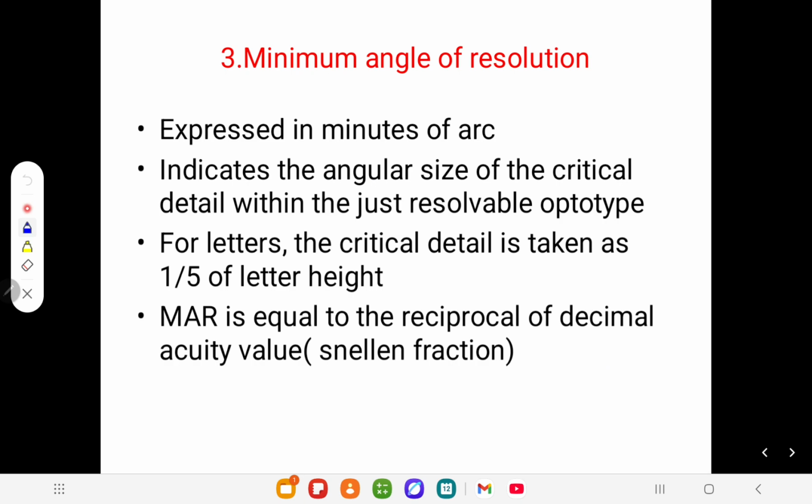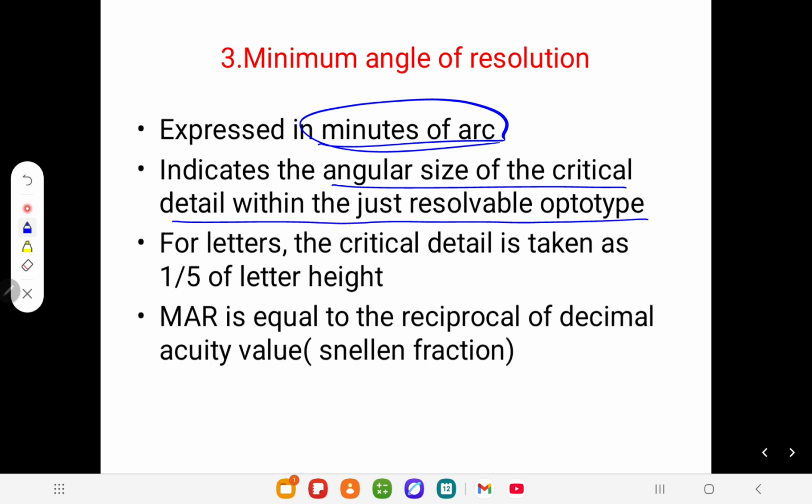Minimum angle of resolution. I hope you come to good terms with the minimum angle of resolution, because it is expressed in minutes of arc. Basically, we know minute of arc, isn't it? One degree divided into 60 parts, then one part is known as 1 minute of arc. It indicates the angular size of the critical detail within the just resolvable optotype.